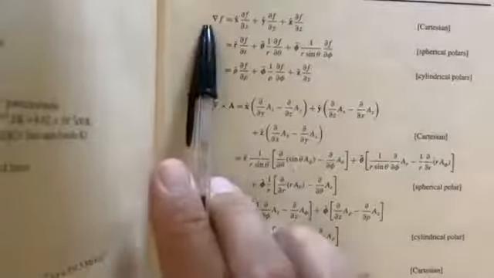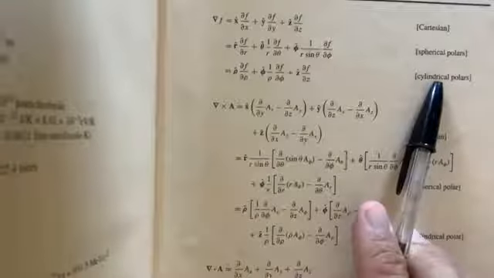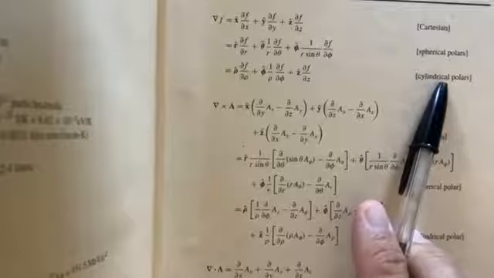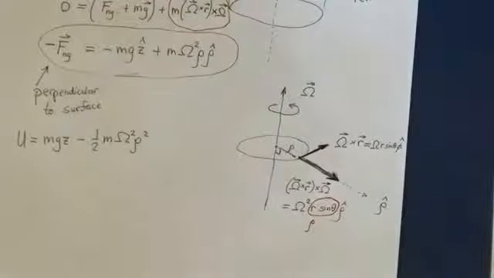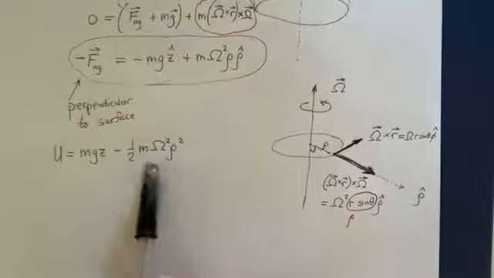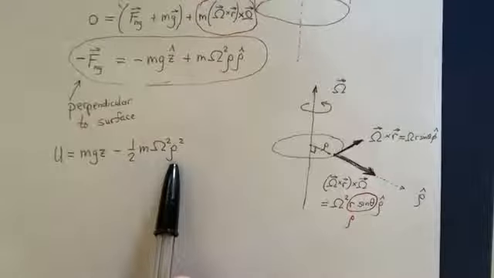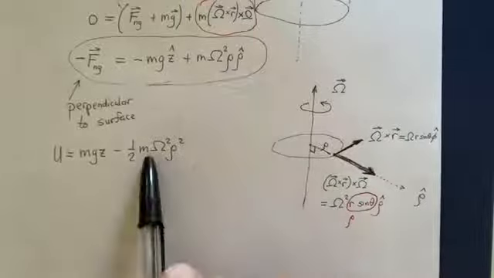There's the gradient. Here it's called cylindrical polars. That's a little unusual. Most people will call this cylindrical coordinates. There's the formula for the gradient. That's what you need here because we've written this in cylindrical coordinates. It's just a constant times rho squared. You compute the gradient with proper attention to minus signs, etc.